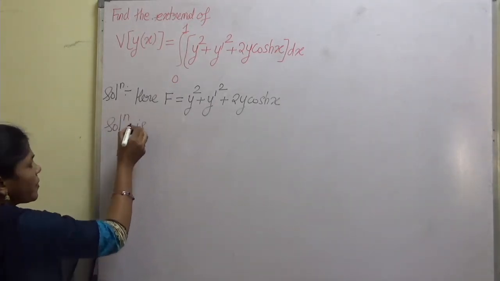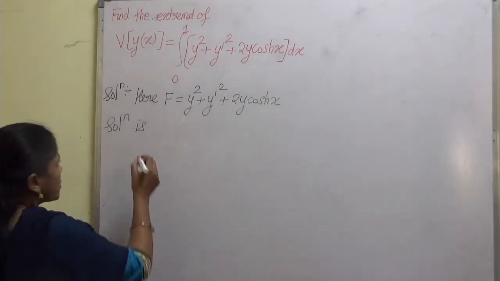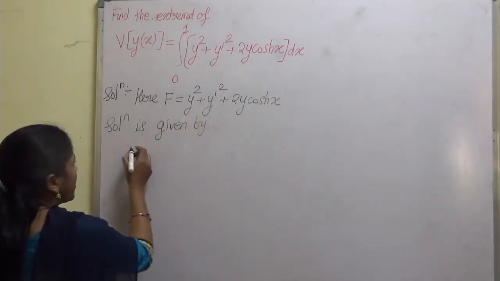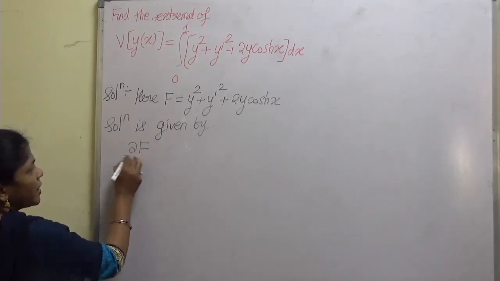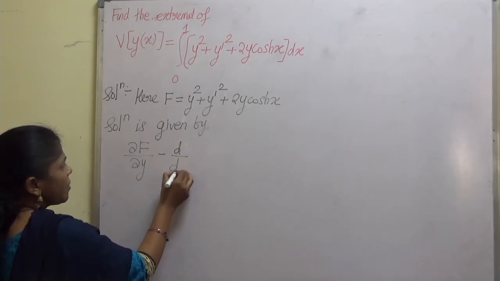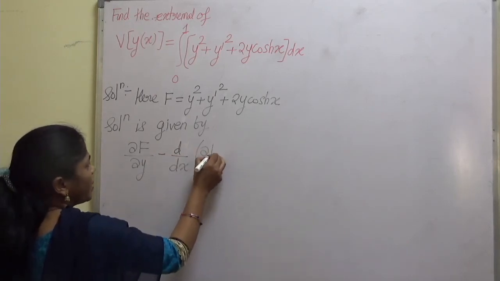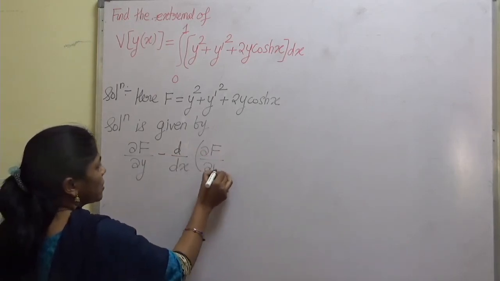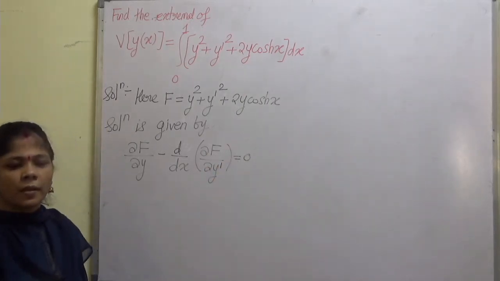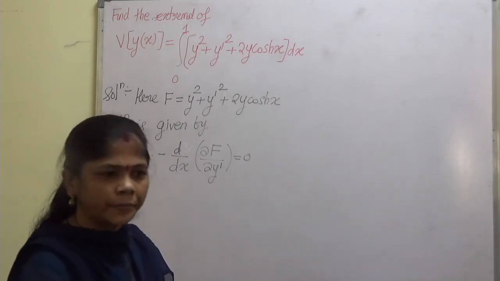No reduced form of the Euler equation will be used. So the solution is given by the Euler equation. What is that? Del f by del y minus d by dx of del f by del y dash equal to 0. Yes, find out these two values.